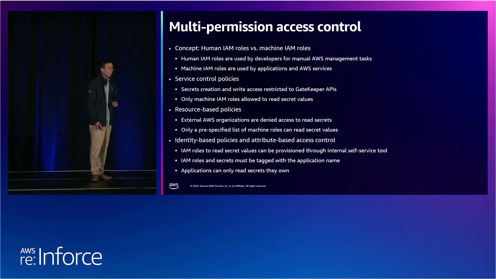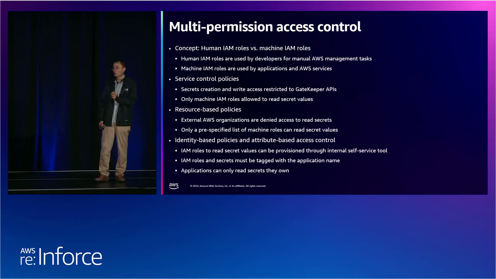So lastly, we add an additional layer of access control that we call attribute-based access control. And this is done in this way. We have an internal process for anyone when they create an IAM role or create a secret. We want them to tag the IAM role and the secret with their application name. And we have a process to enforce that they cannot tag them with someone else's application.